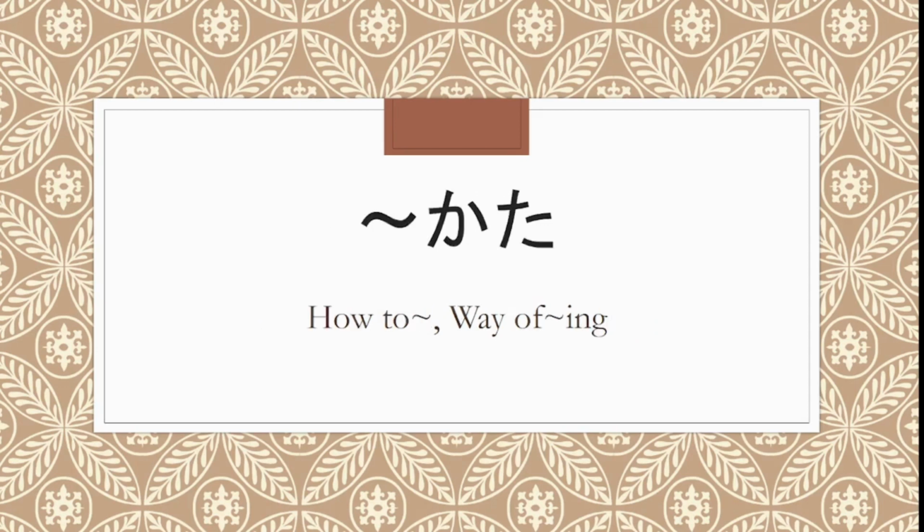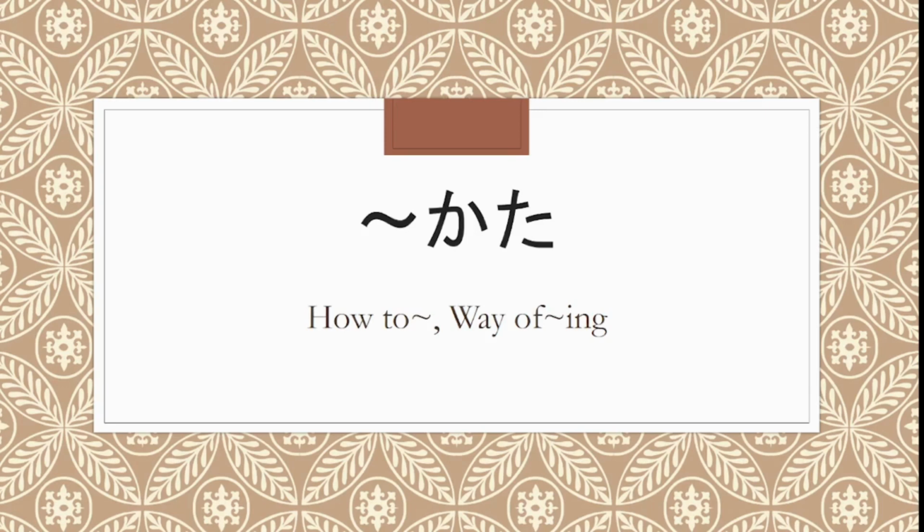Nani nani kata, meaning how to or way of. Basically, we will read more about this in the grammar section. It is a kata form. Suppose we have a verb and we place kata after it.